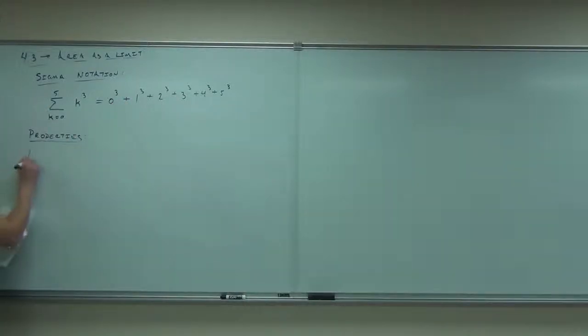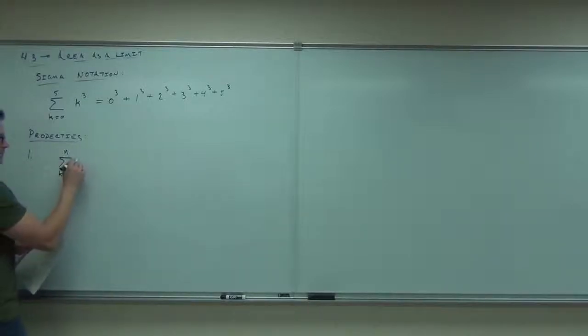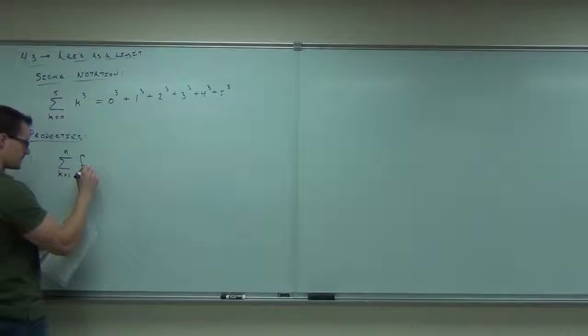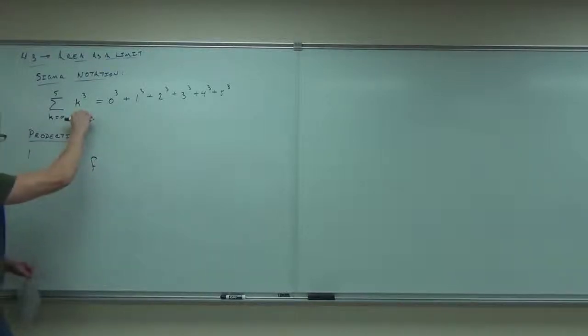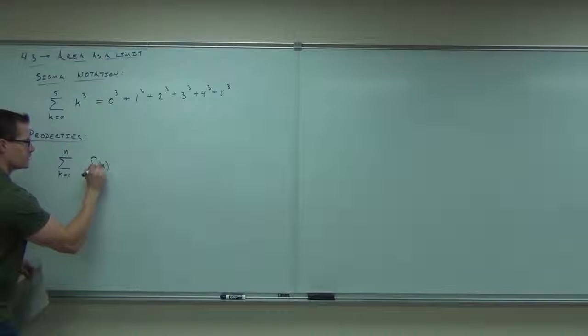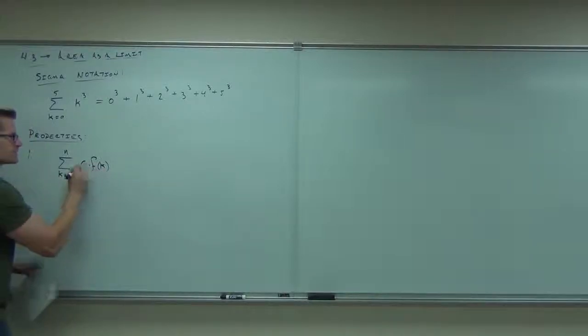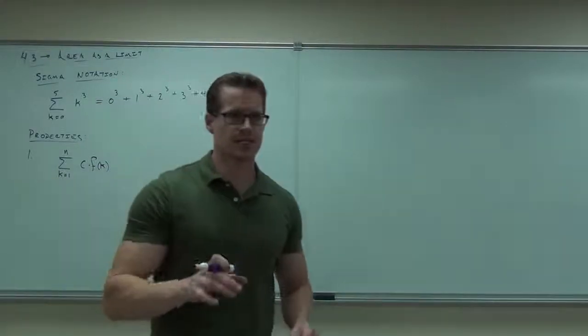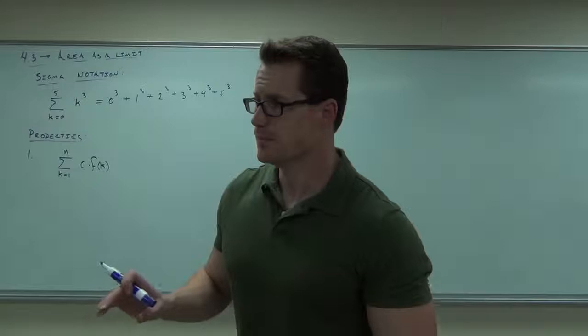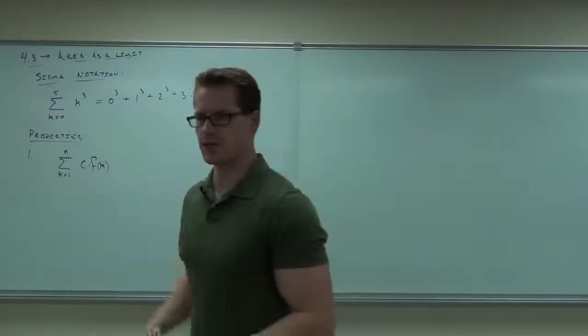If you have any summation, and you have a function of k times a constant c, what you can do is this. That c, if it doesn't depend on k, you can pull out in front of your summation.